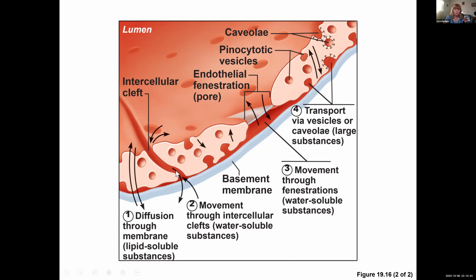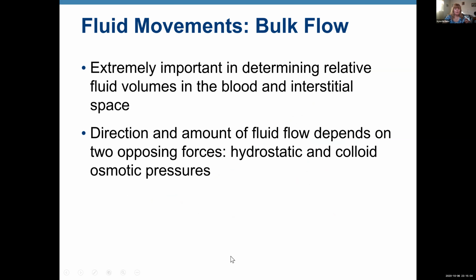It can be movement through these intercellular clefts, movement through fenestrations, those pores, or transport via vesicles for large substances. Caveolae are vesicles that are coated by some proteins, like over here.